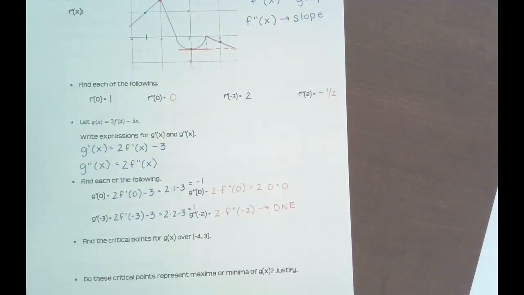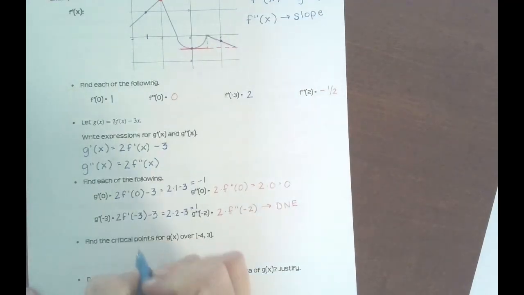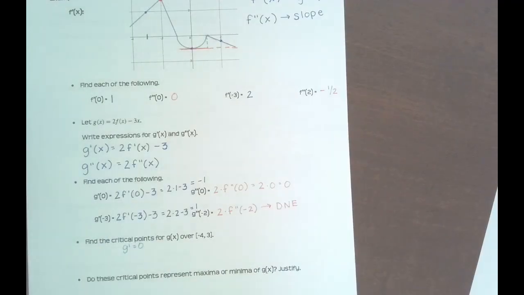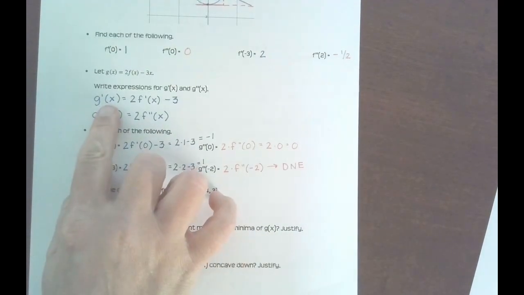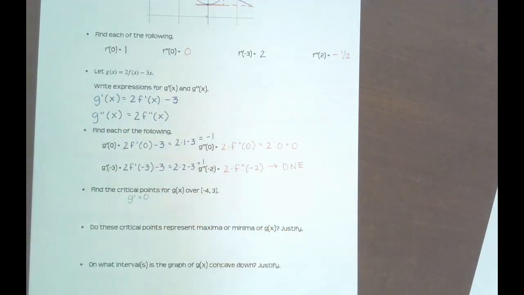Okay, find the critical points for g of x. Okay, critical points, this is where you really have to think about what you know about these functions. Critical points happen when the derivative equals 0, right? Okay, we want to be looking at the g function though. We want this derivative to equal 0.